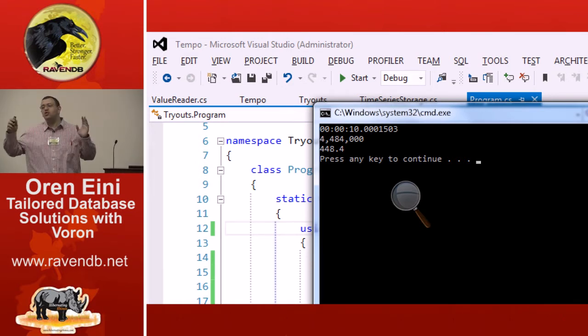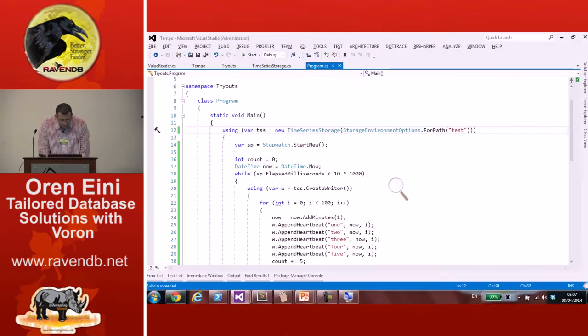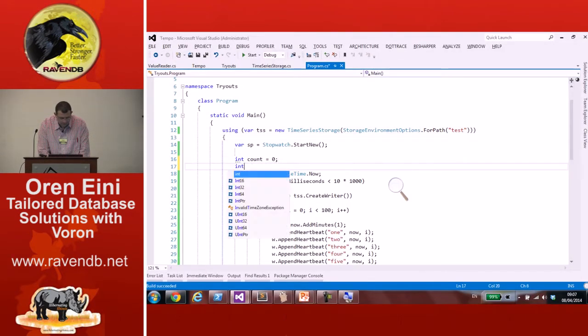Again, I'm cheating a lot. For one thing, we are using a very small data set, so it's very easy for us to get very high numbers. But the interesting thing here is that, look, let me give you something even more interesting.